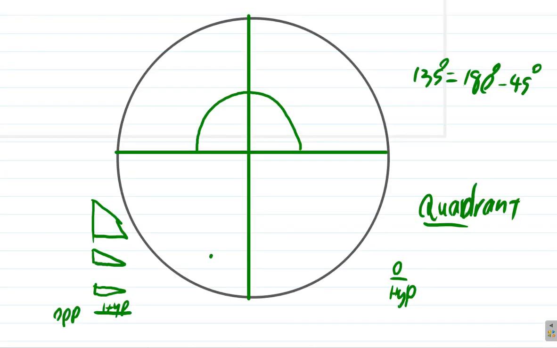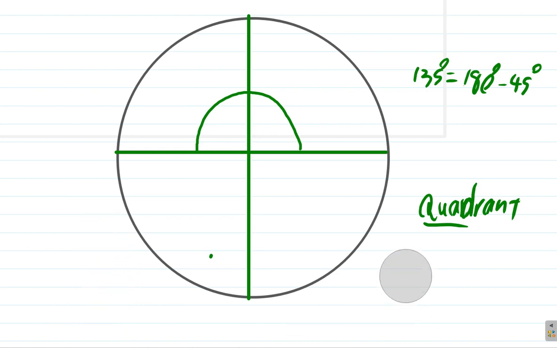Sine of 225 degrees. Let me erase some of this and see what would happen if we try to find the sine of 225. If we start from here and we swing around, so increase past 45, we go 30, 45, and so on, and we come here.